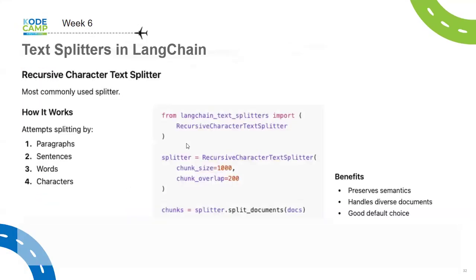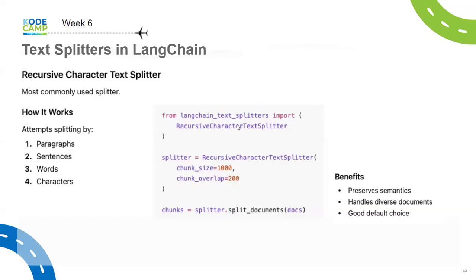So after you load, the next step, like we have seen, is splitting. For splitting, you use the text splitter. LangChain has a sub package called LangChain text splitters. In version 1, all of the splitters have been moved there. And you have different splitters. We'll look at a few of them shortly.